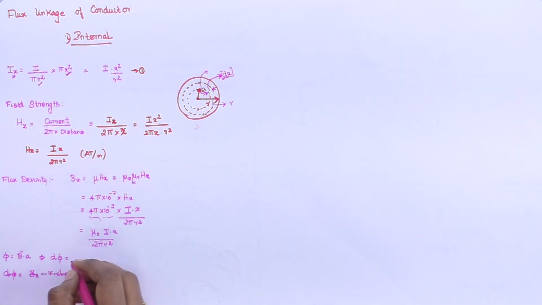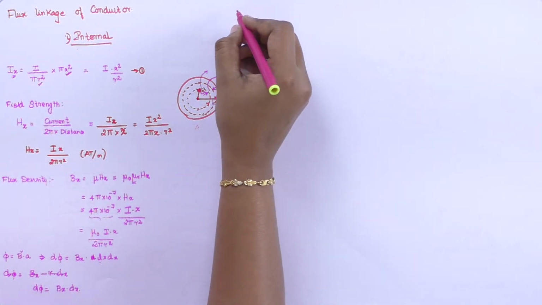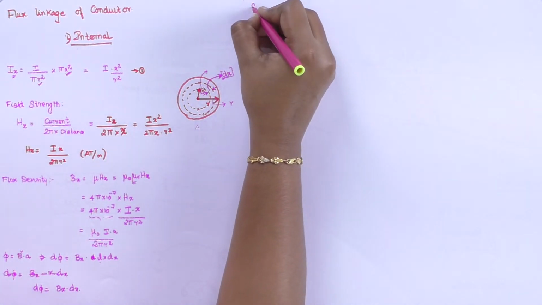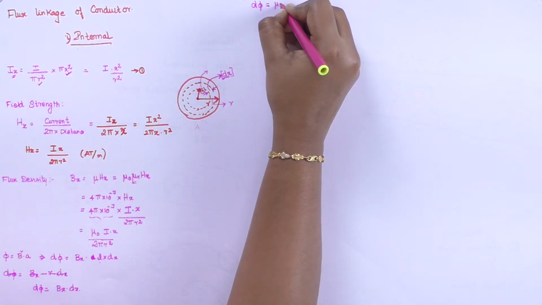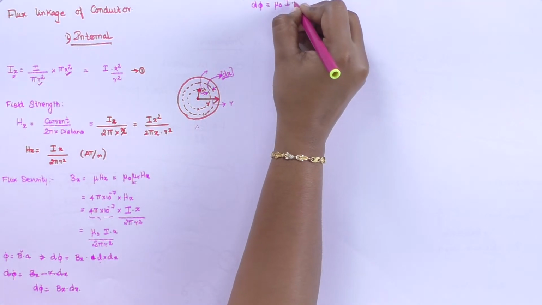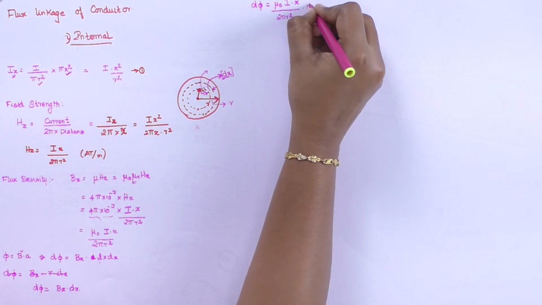We are calculating the change in flux with respect to the flux density at the distance x. Assuming L is equal to 1, d phi is equal to Bx into dx. We have calculated the value of Bx, so d phi is equal to mu naught I x divided by 2 pi r square into dx.